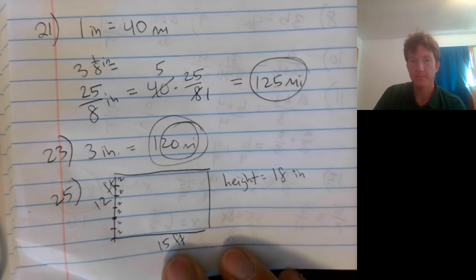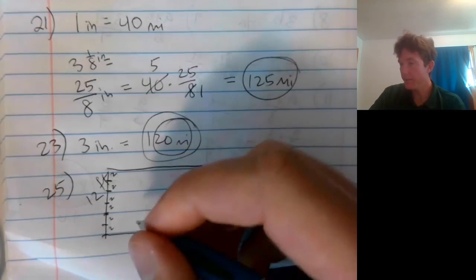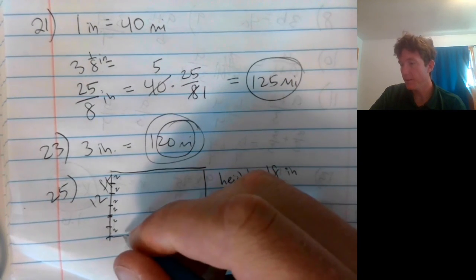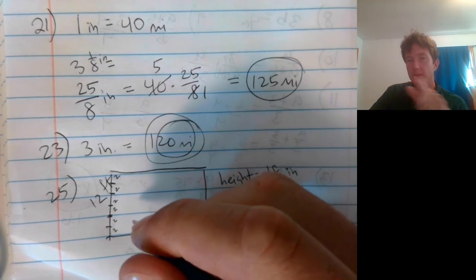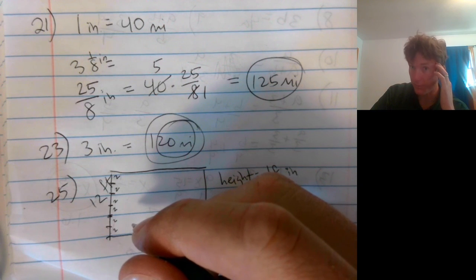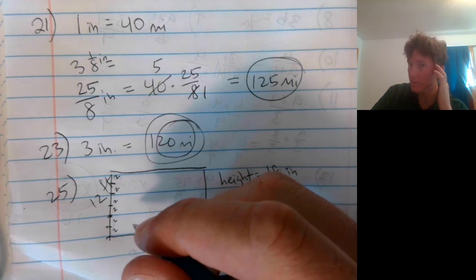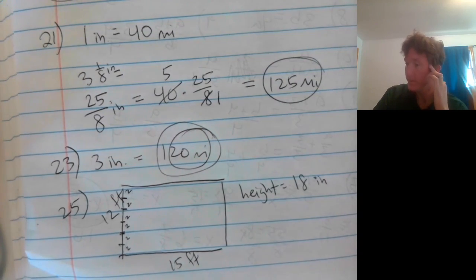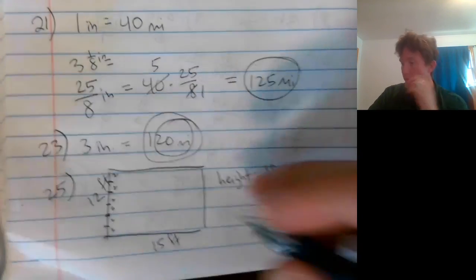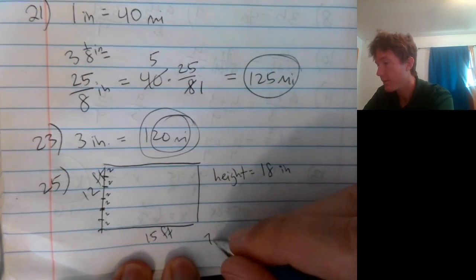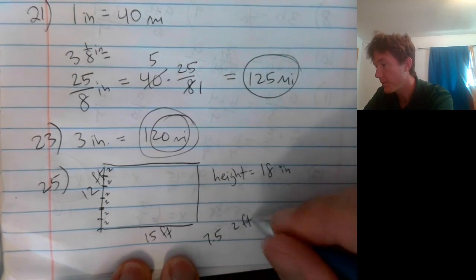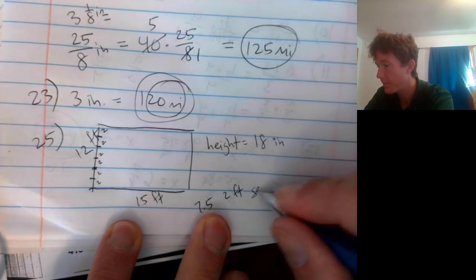And then the length here, so it's 15. 2 doesn't go into 15, but it goes into 14 7 times, so 7.5 times. So I have 7.5 2-foot segments on the base there.